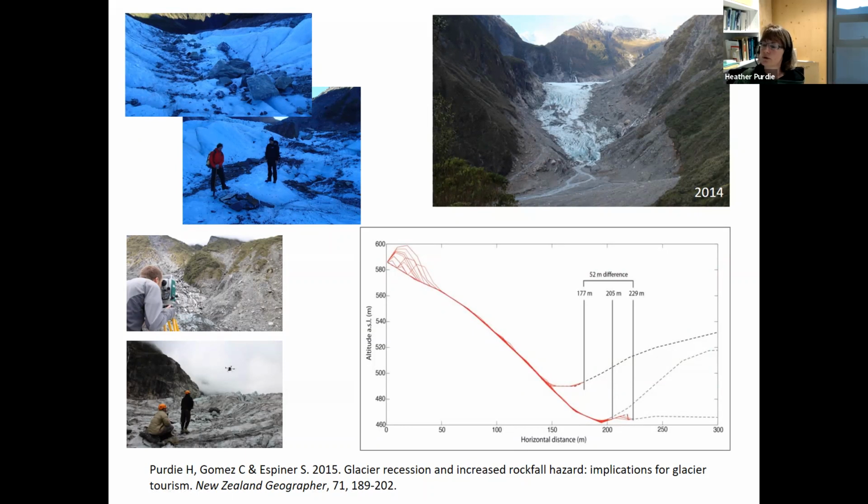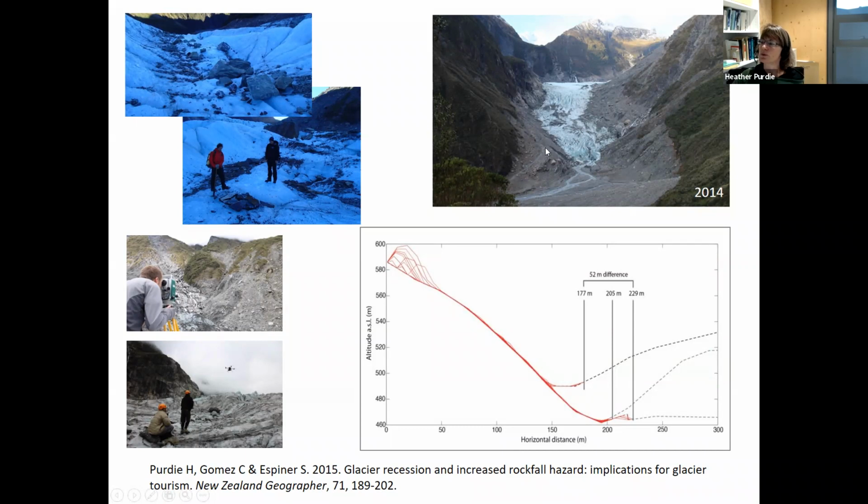We ended up with no trough at the margin and increasing issues with rockfall coming out onto the glacier. Hence, in 2014, the glacier guiding company Fox Guides abandoned guiding on the lower glacier altogether.